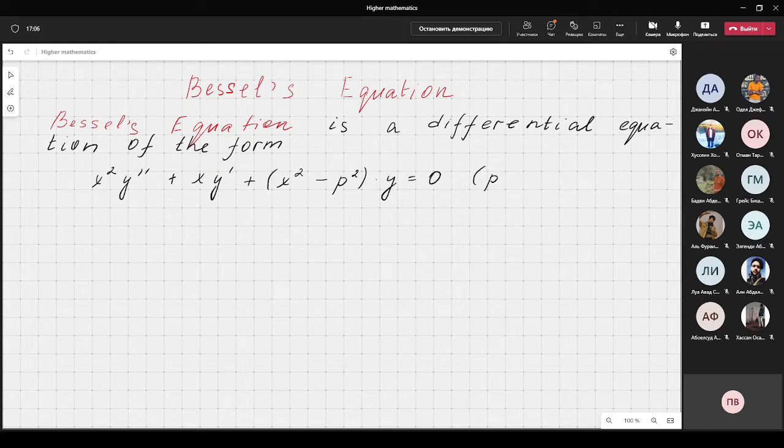Here p is constant. Equation 1. The solution of this equation, as also of certain order equations with variable coefficient, should be thought not in the form of a power series, but in the form of a product of some power of x by a power series.